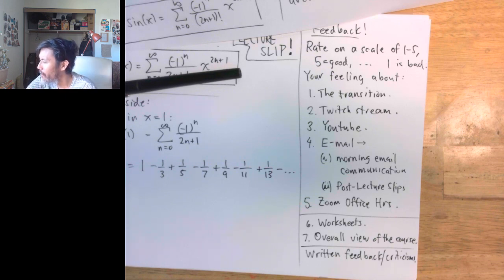What am I talking about? Please, honesty, sincerity. I can't get better unless you give me honesty and sincerity. So in this written feedback criticisms thing, it's nice to hear when I'm doing well, but if that's all you write, it doesn't do a whole lot for me. Okay, it really doesn't. I don't get a lot out of that.